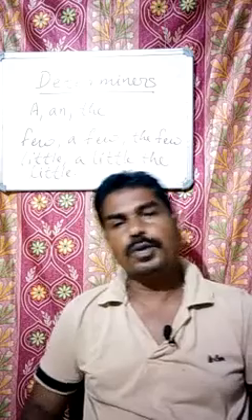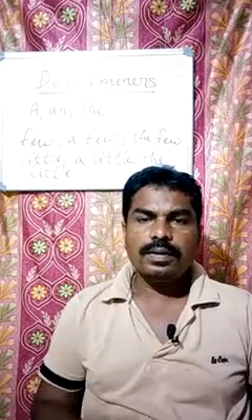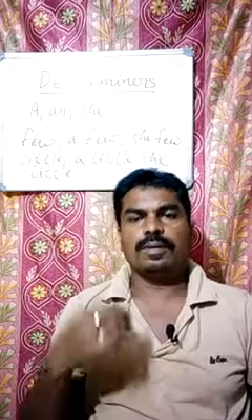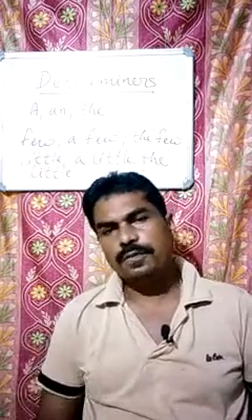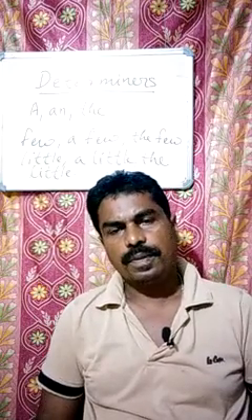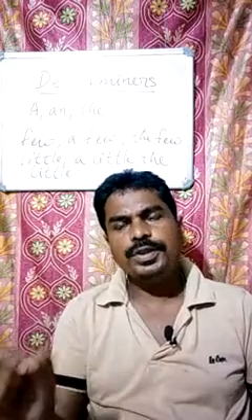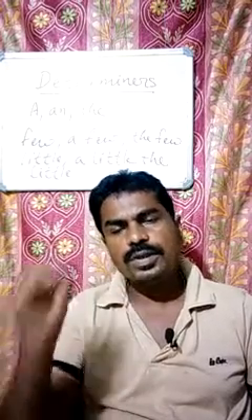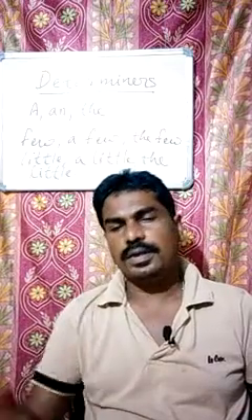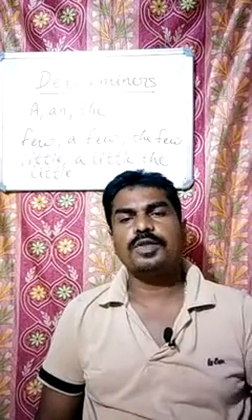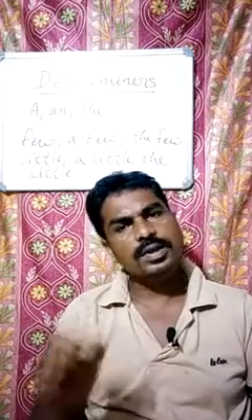Now the has some more uses. The is used with certain nouns where it's a must to use the. For example, we use the to talk about certain things, like when we talk about the names of newspapers, all the popular newspapers, the is used at the beginning.